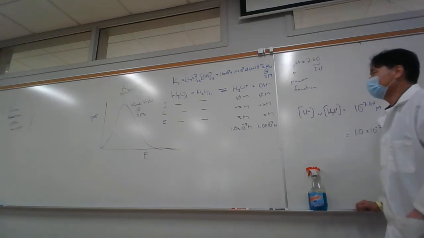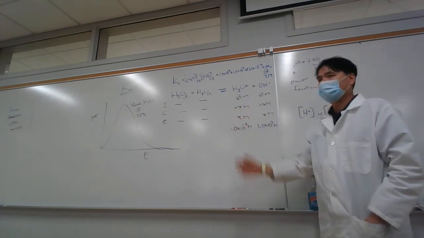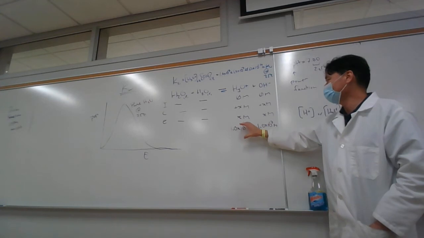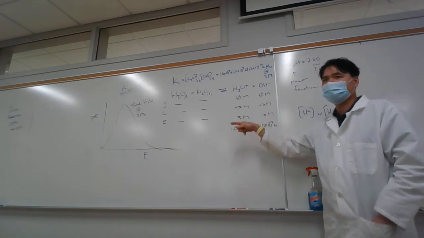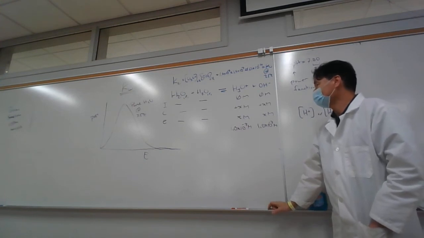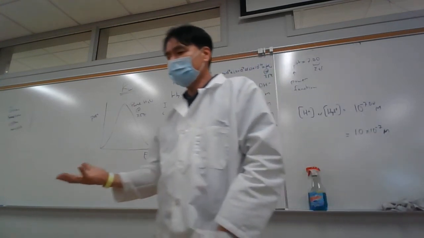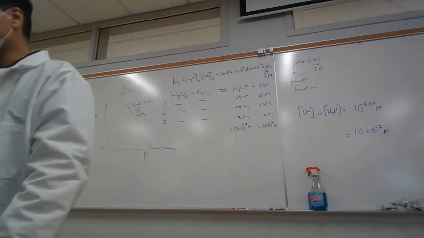So what happens is if I add acid to the water, then the hydronium increases and we shift it to the left. That complicates things because if I have an acid, there are two sources of hydronium.